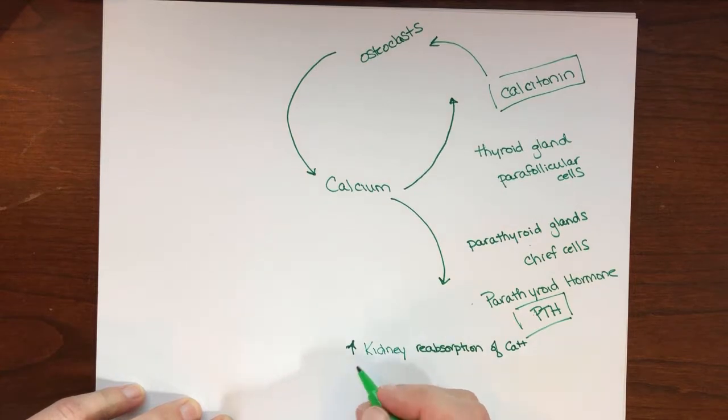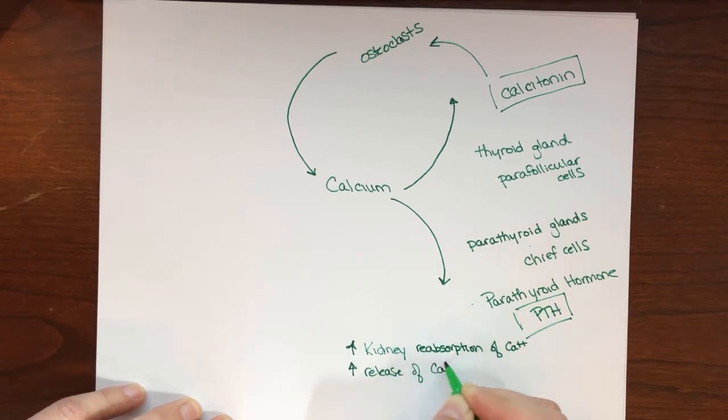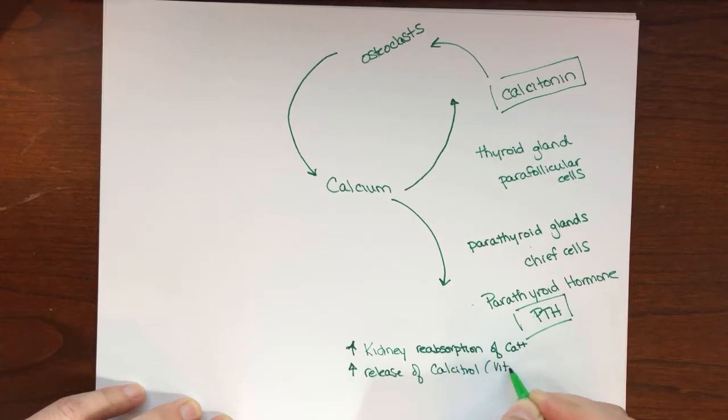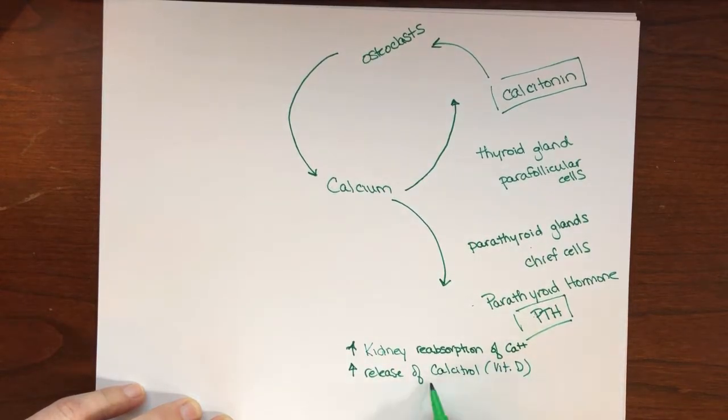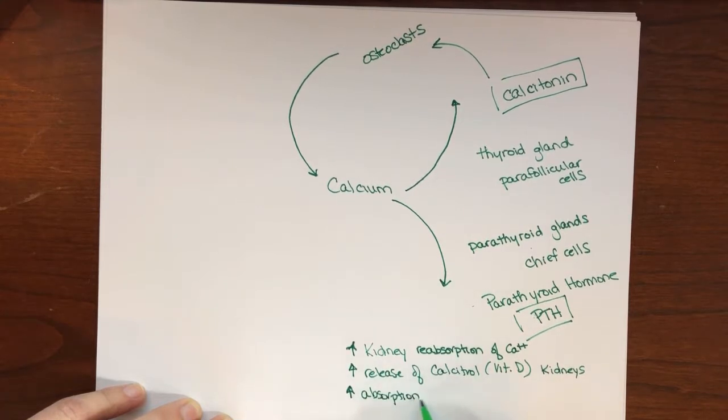We're going to keep it in the body. We're also going to increase the release of calcitriol, which is active vitamin D. And calcitriol is released by the kidneys as well, a different part of the kidneys. Calcitriol acts on cells in the intestine to increase the absorption of calcium from the digestive tract.